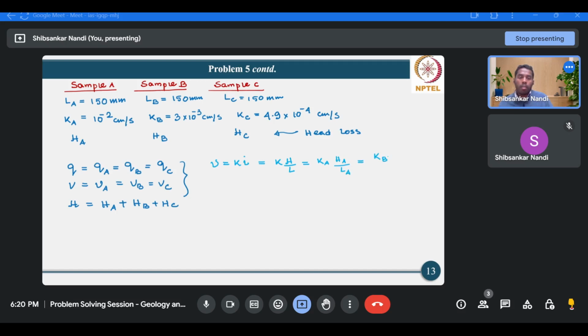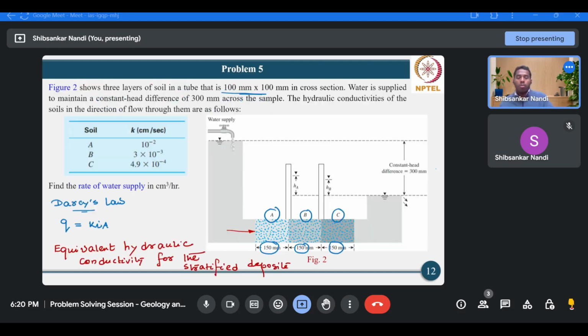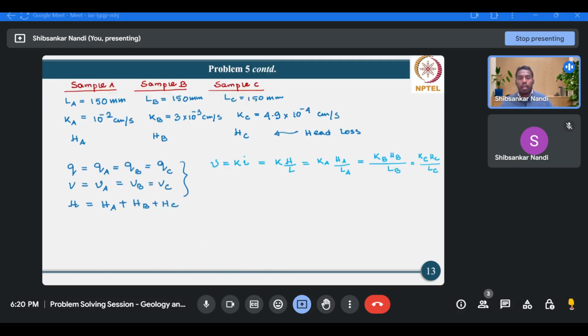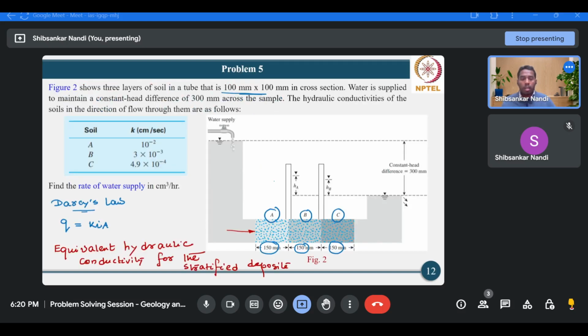You can equate it to the velocity of flow through soil B, KB HB by LB, and finally KC HC by LC. You can observe that a separate notation is used here to indicate the head loss. Instead of small h, we are using capital H because hA or hB is already used in this figure.